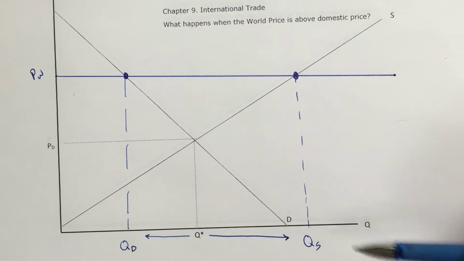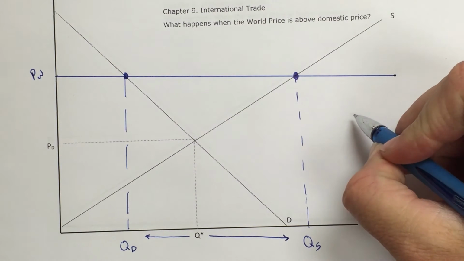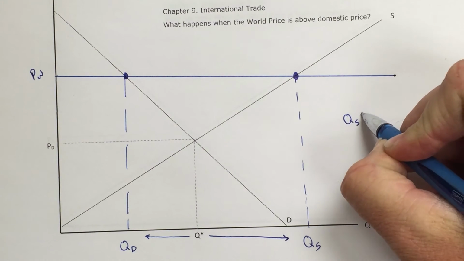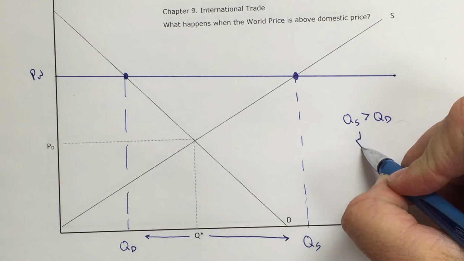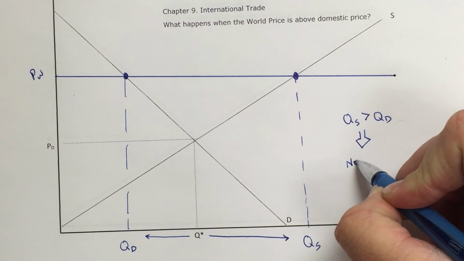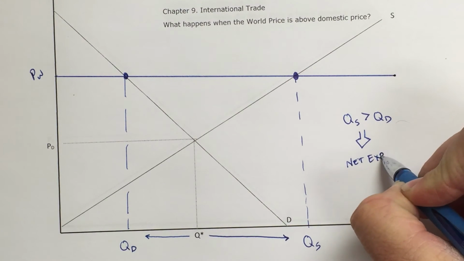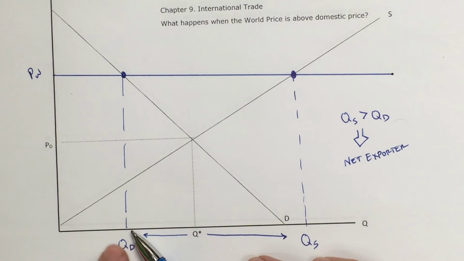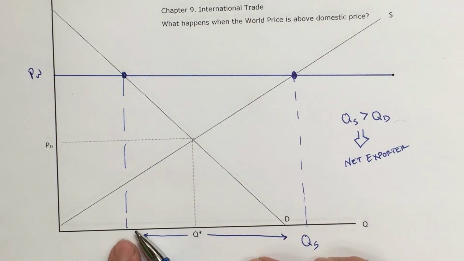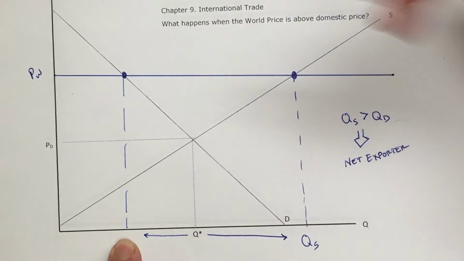Now, normally when quantity supplied is greater than quantity demanded, we call that a surplus. But in a domestic market, there is no place for those goods to go. Now there is. And so as a result, when quantity supplied is greater than quantity demanded, the country becomes a net exporter. That means they'll sell QD to domestic individuals, and then they'll export the rest.